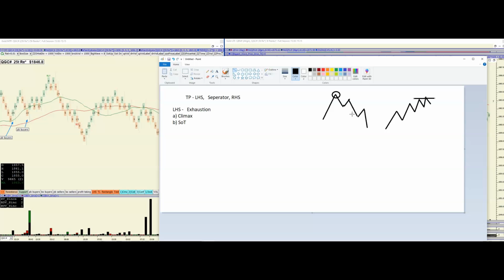You could also call it diminishing of the wave in terms of distance and time. So from high to high to high to high, you will see that the range of the wave from high to low is shortening because the buyers are not buying. So what is happening?